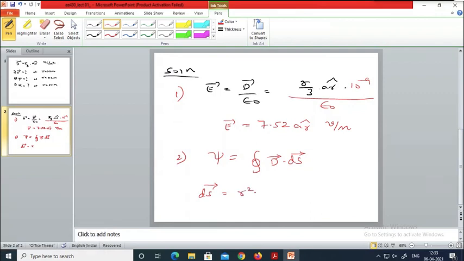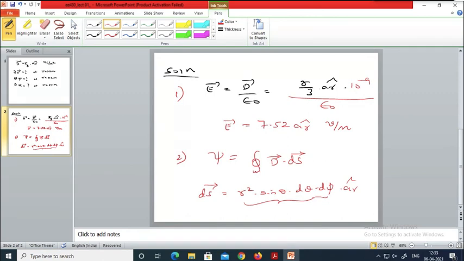It is given to be r square into sine theta into d theta into d phi into ar cap. Ar cap is the normal. So the surface area is given to be r square sine theta into d theta into d phi.